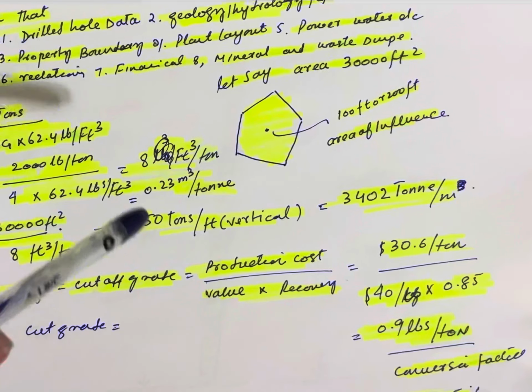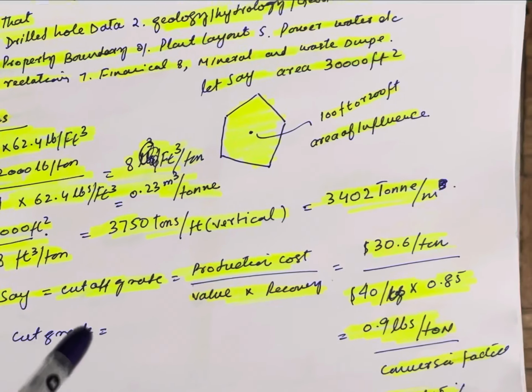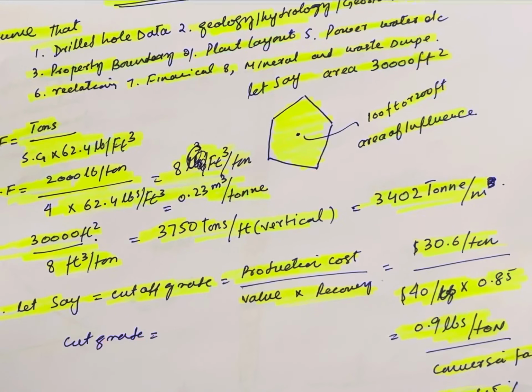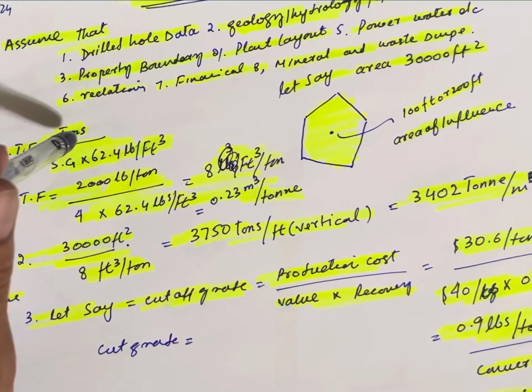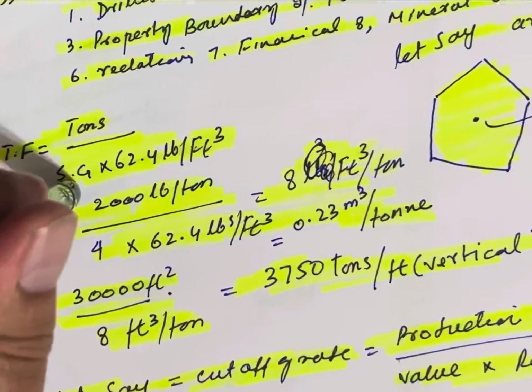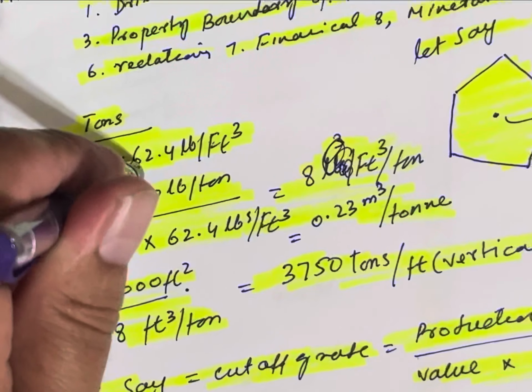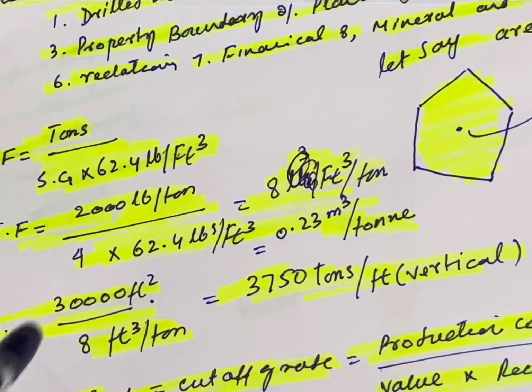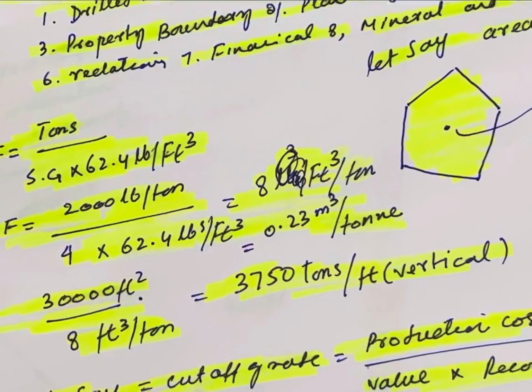So for that, what we need to do is a tonnage factor. The equation for this tonnage factor is tons divided by the specific gravity multiplied by 62.4 pounds per feet cube. This is the water specific gravity.